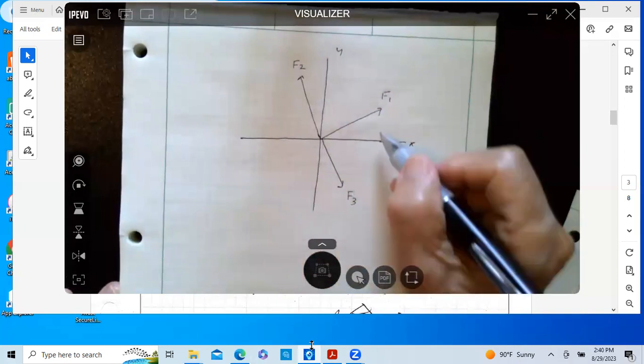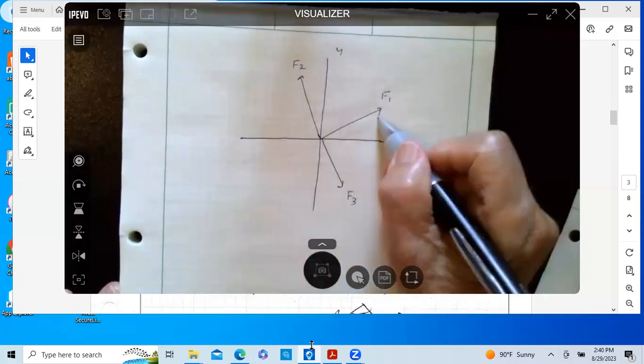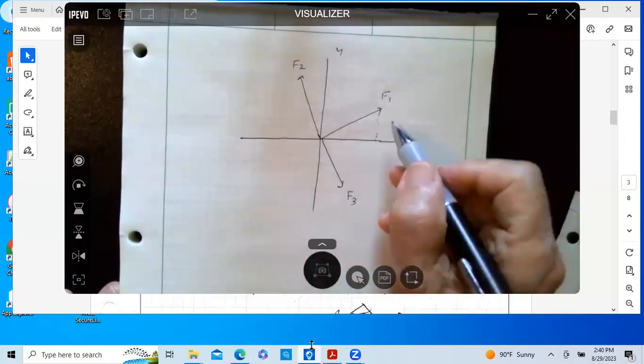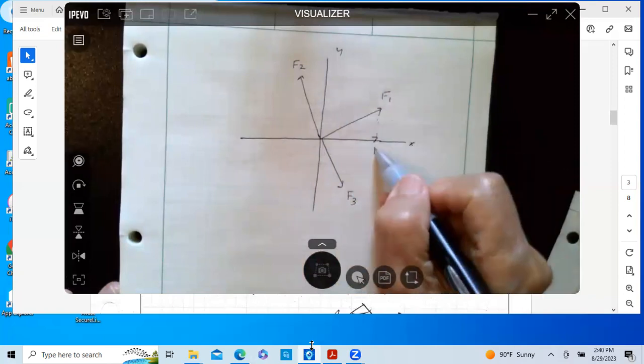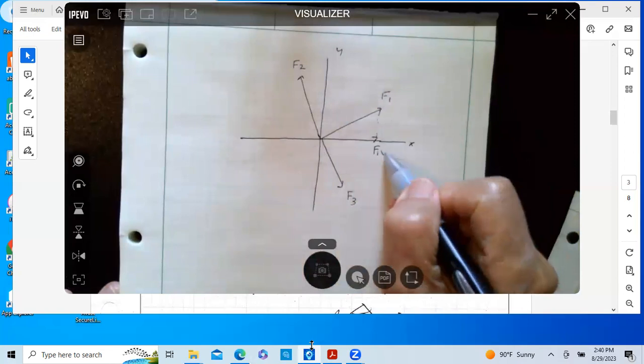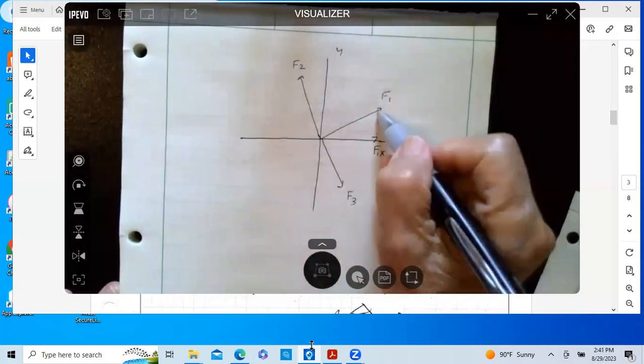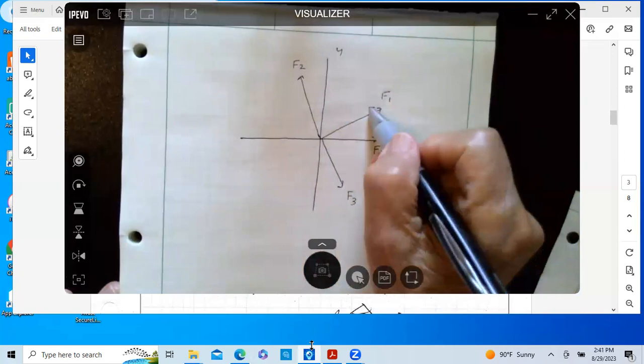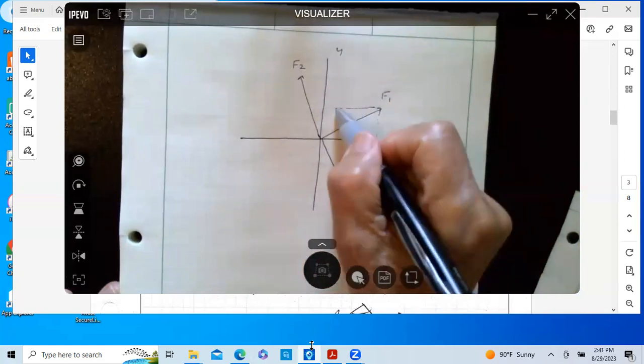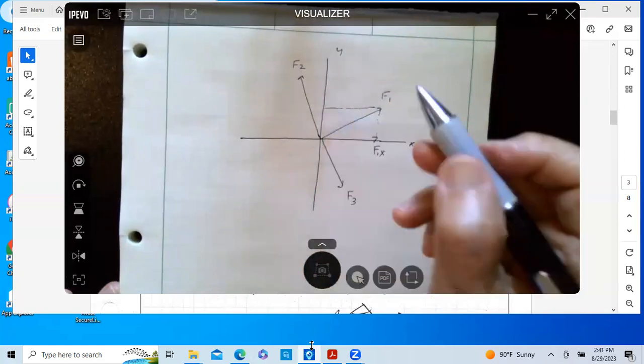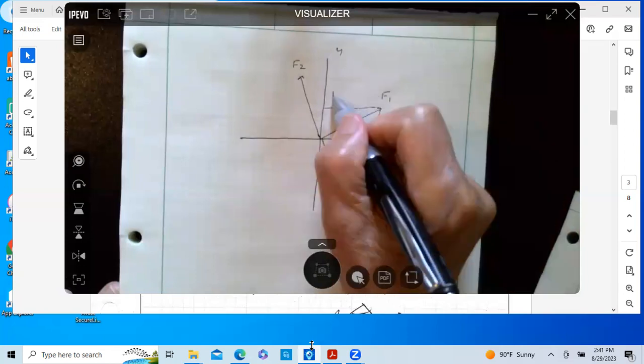Components: the projection onto the x-axis for F1 is F1x. Projection over to the y-axis is F1y.